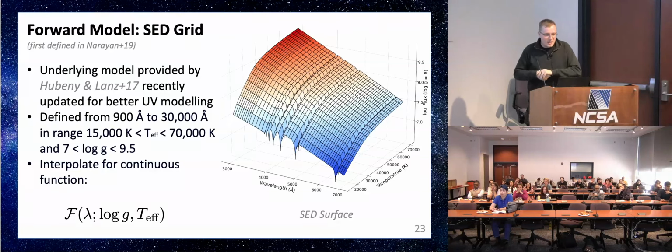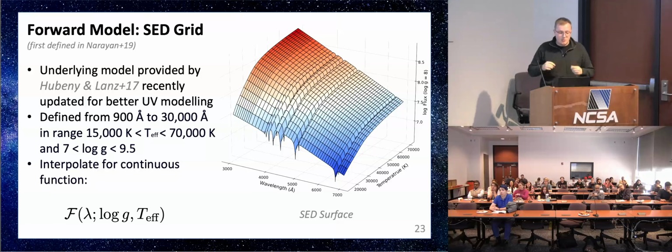And it's the effective temperature and log surface gravity that affects the strength of these absorption features. So what you're able to do is basically have a function of wavelength, log G, and effective temperature that you interpolate to give you an underlying SED.